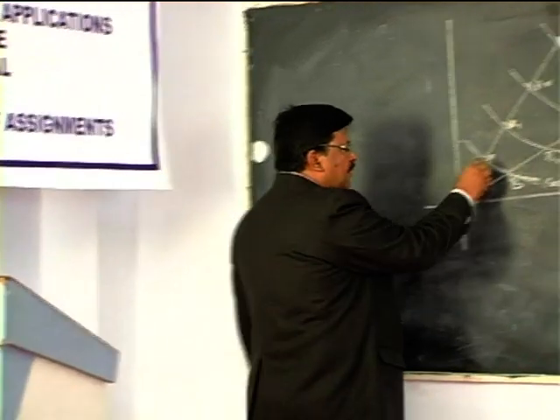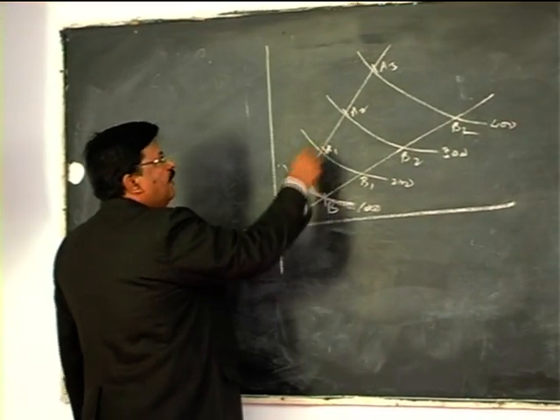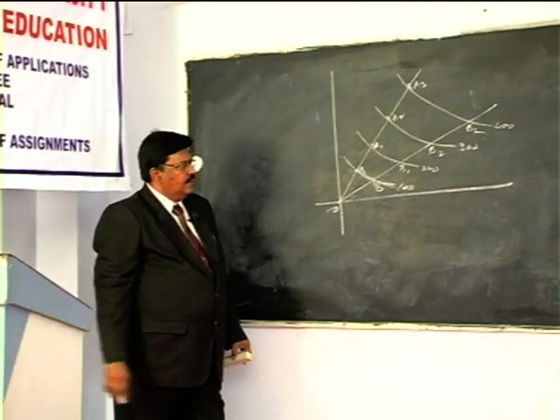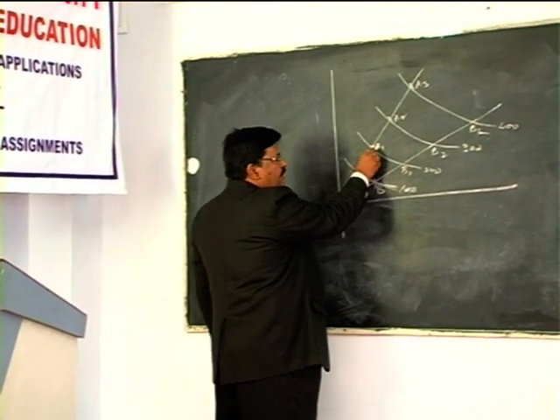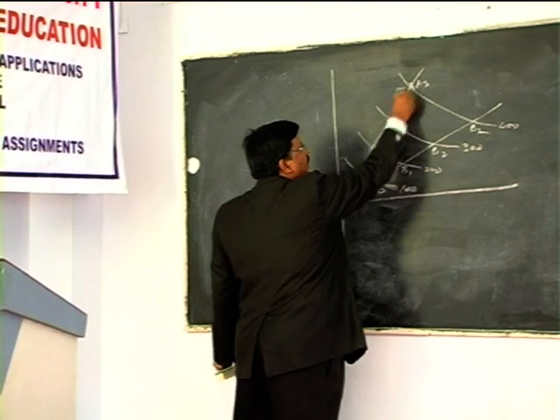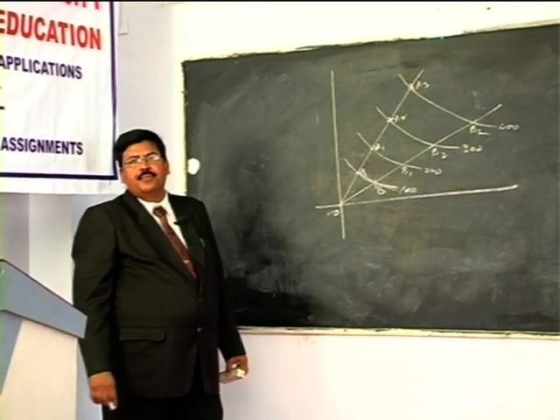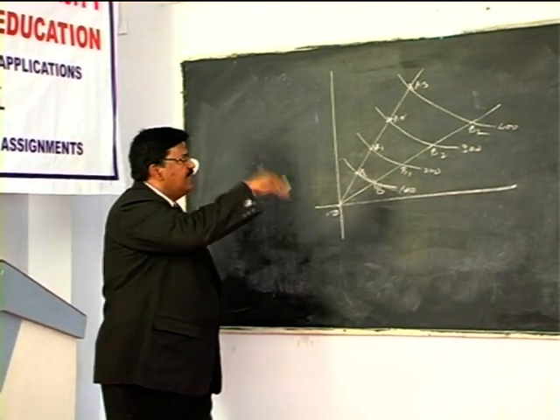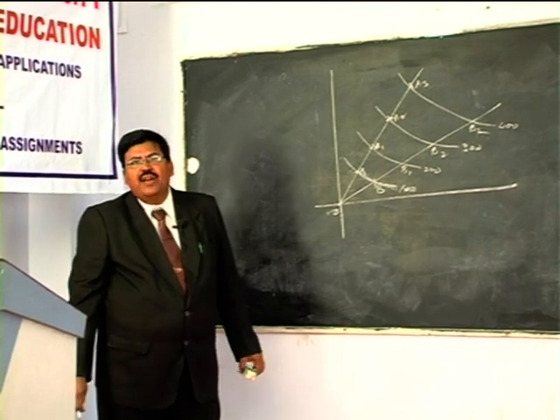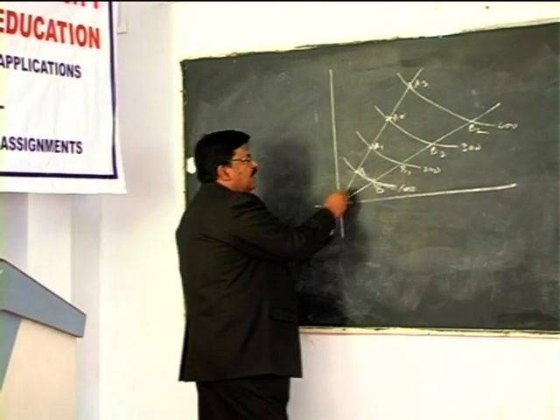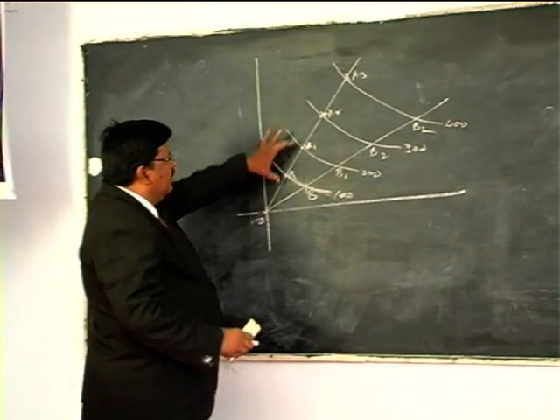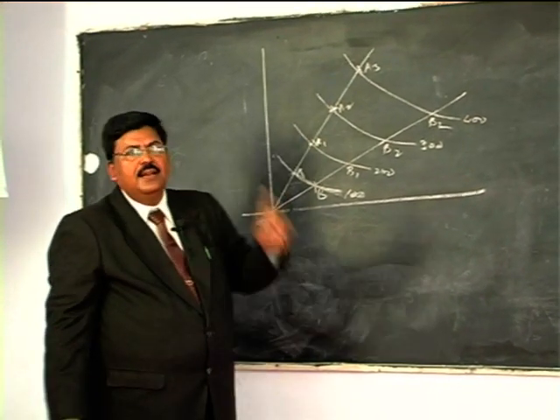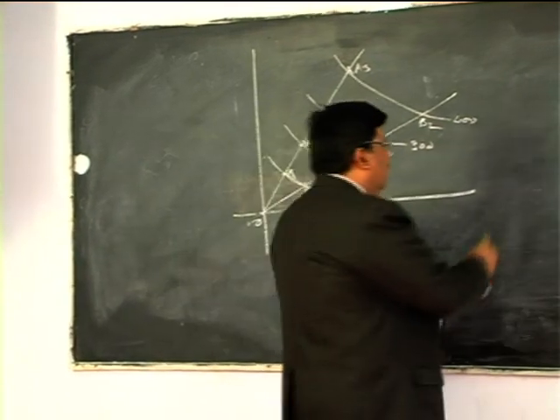So point A on this ray indicates 100 units with a given input ratio. And here output is 200, here it is 300, 400. That means if the successive isoquants intersect the ray OA or OB at equal distances, that indicates that there are constant returns to scale.